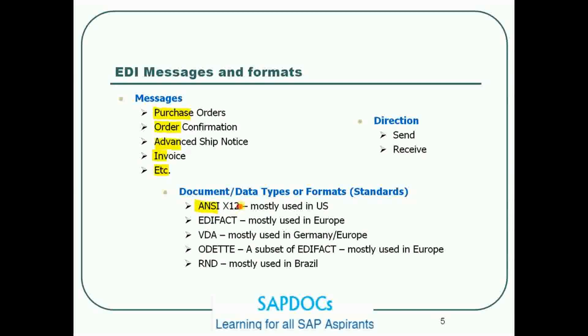They are ANSI X12, where ANSI stands for American National Standards Institute, and EDIFACT, which stands for Electronic Data Interchange for Administration, Commerce, and Transport. EDIFACT is a mandated United Nations format. But you will see when you go to work that X12 is mostly used in the US and EDIFACT is mostly used in Europe.